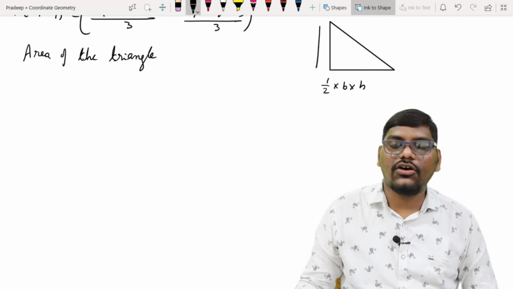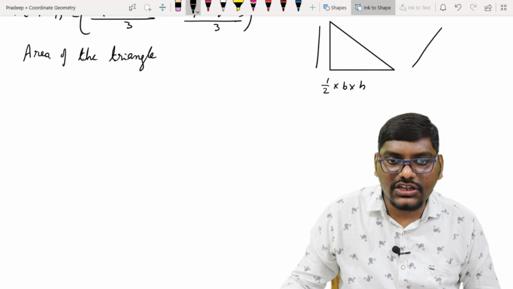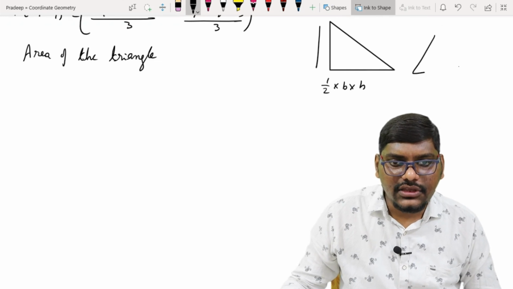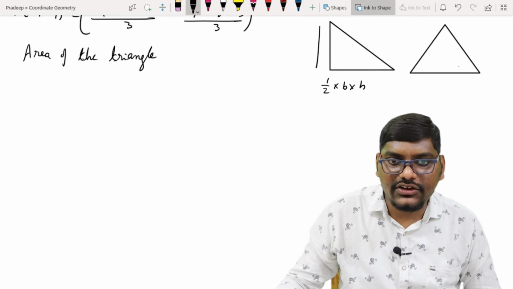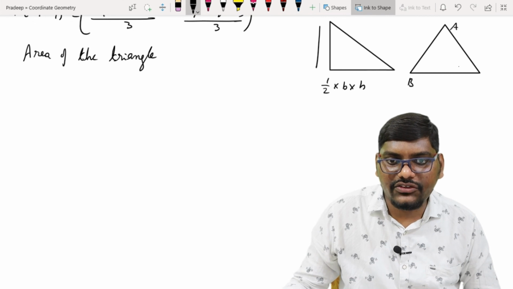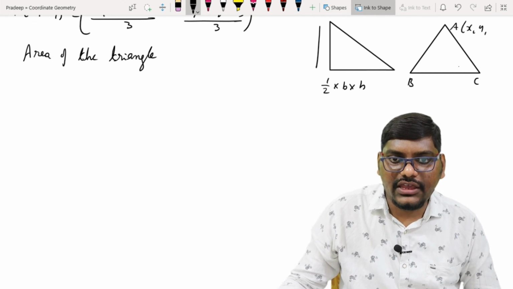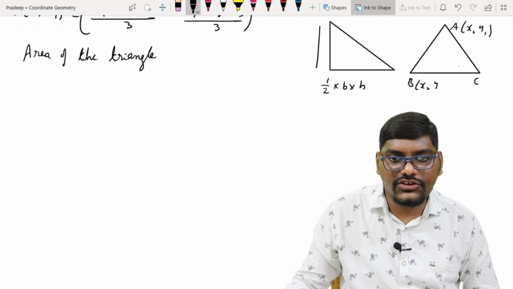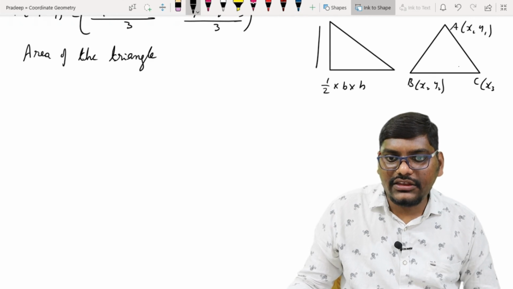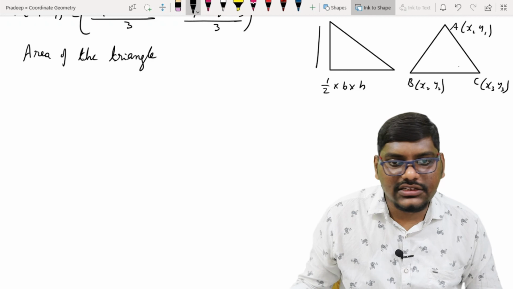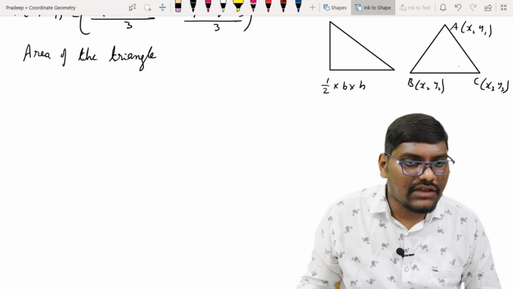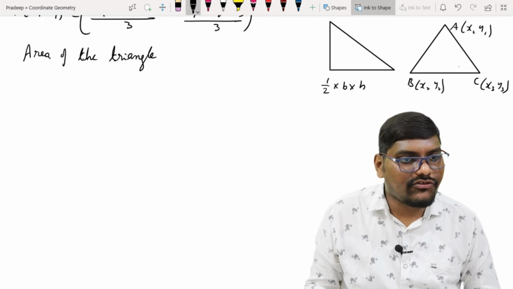But in coordinate geometry we will use only the coordinates. If the coordinates A, B and C are given, that is x1 y1, x2 y2 and x3 y3, we take all these coordinates and substitute them in the area of triangle formula.